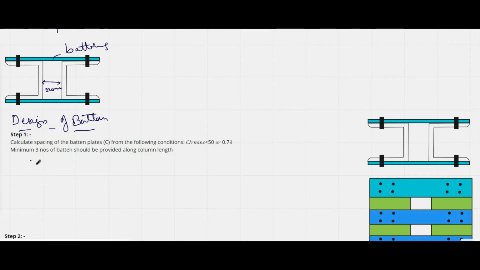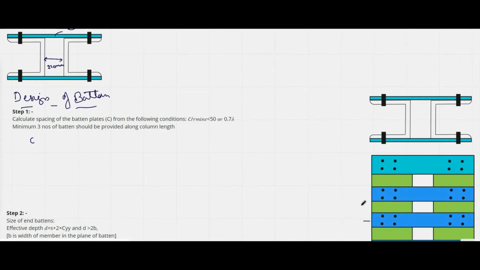see there are two conditions here. The spacing C, which is the center to center distance between the battens, must be less than or equal to 50, or this C must be less than or equal to 0.7 times the slenderness ratio.